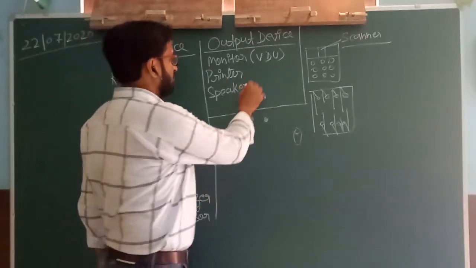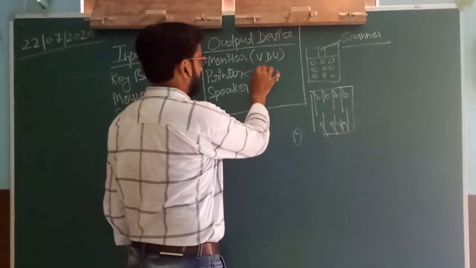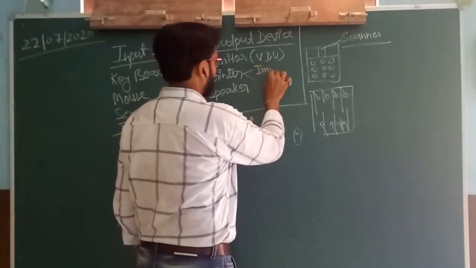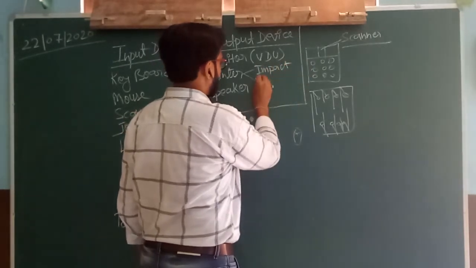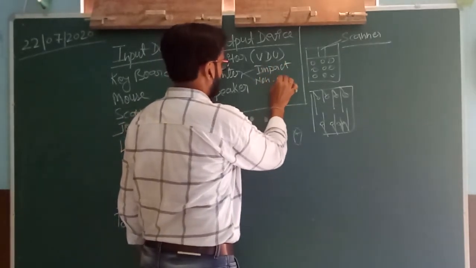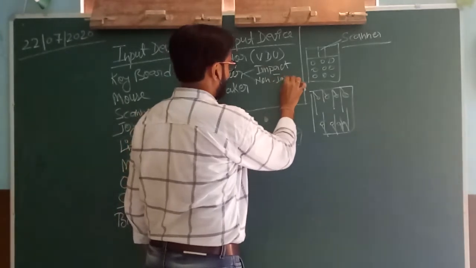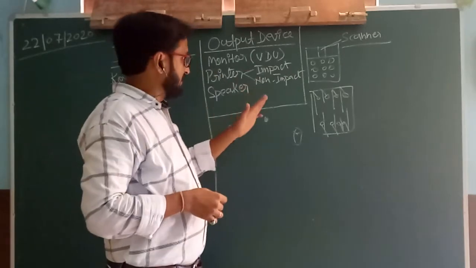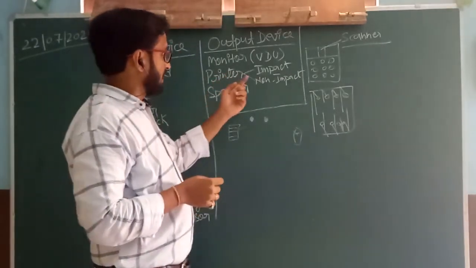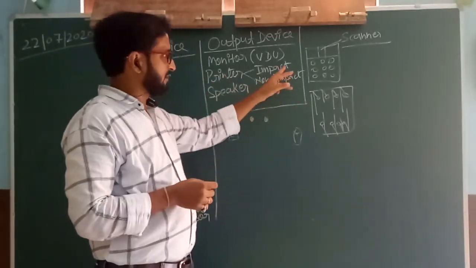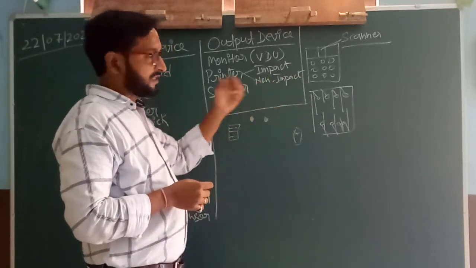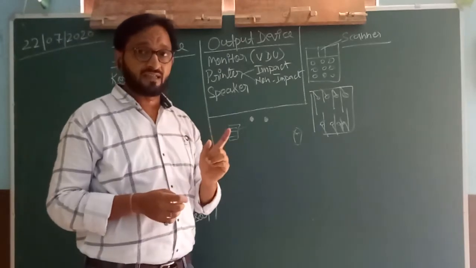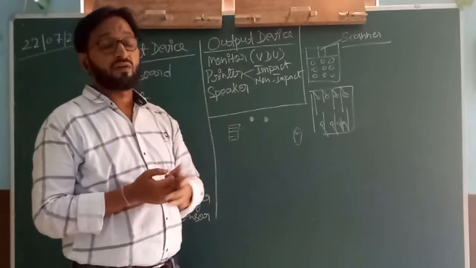In printers there are two categories that I have to tell you. The first one is the impact printer, and the second one is the non-impact printer. After this session, I am going to tell you what the categories and criteria are for impact printers and what non-impact printers are. The printer is responsible for printing all the desired results that we get with the help of the monitor.